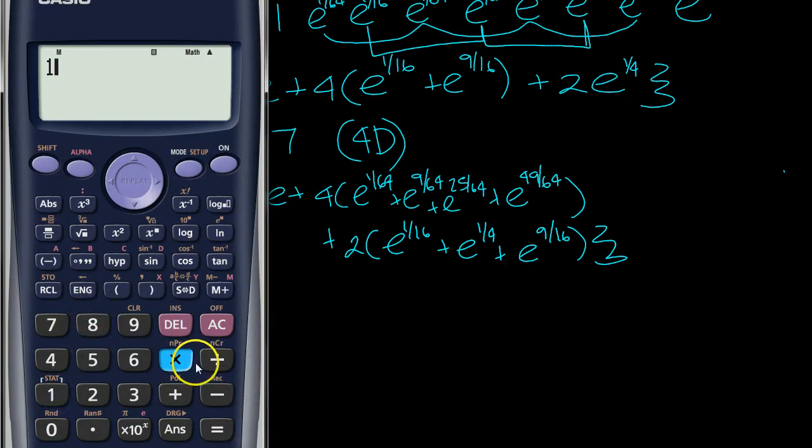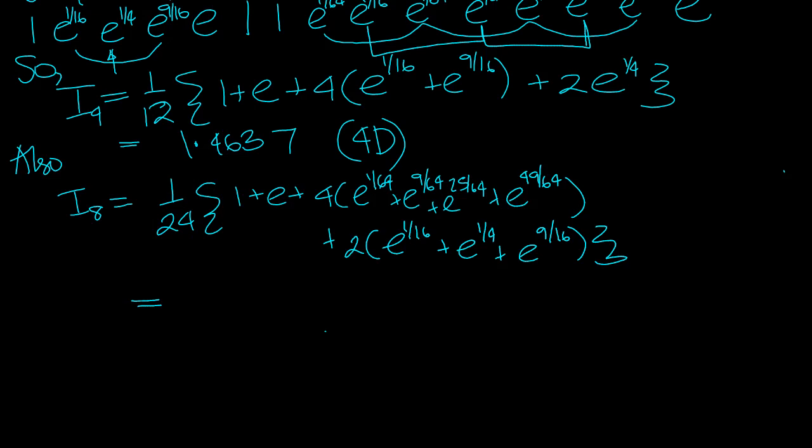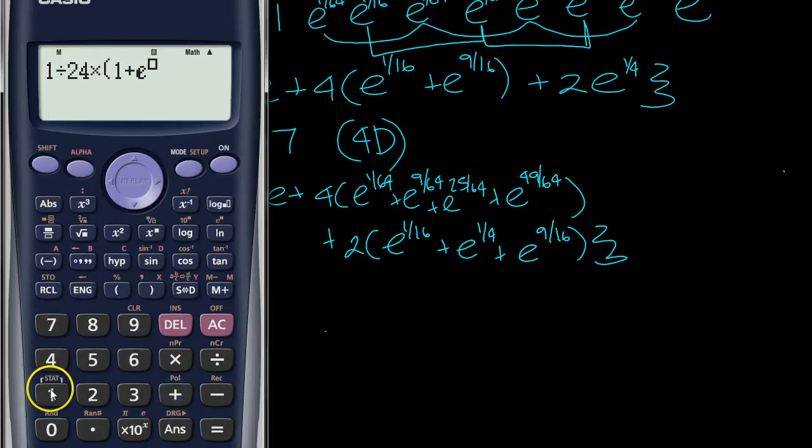It's 1 divided by 24 times bracket 1 plus e plus 4 times bracket e to the 1 over 64 plus e to the 9 over 64 plus e to the 25 over 64 plus e to the 49 over 64.